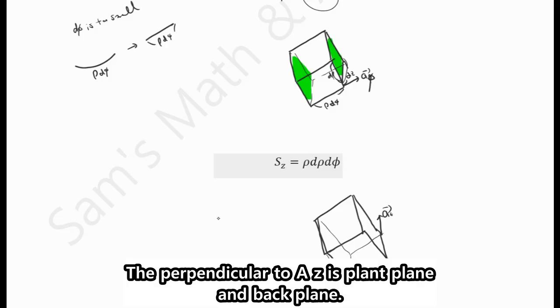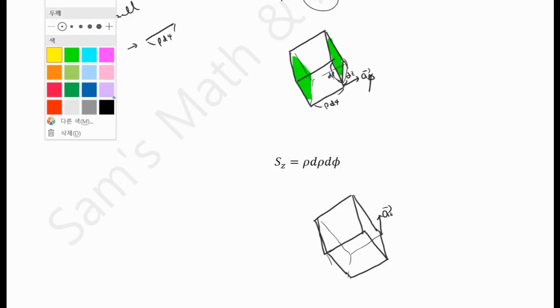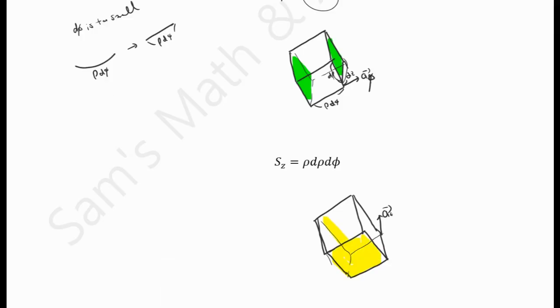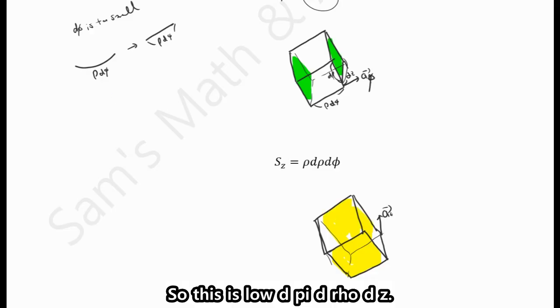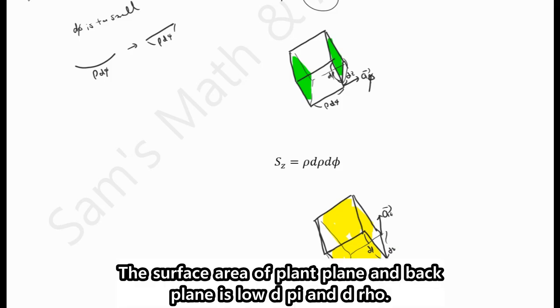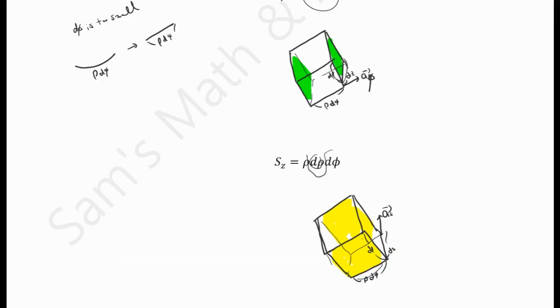Perpendicular to az are the front plane and back plane. So the front plane and back plane are perpendicular to the az vector, with sides d rho and rho d phi. So the surface area of the front plane and back plane is d rho multiplied by rho d phi.